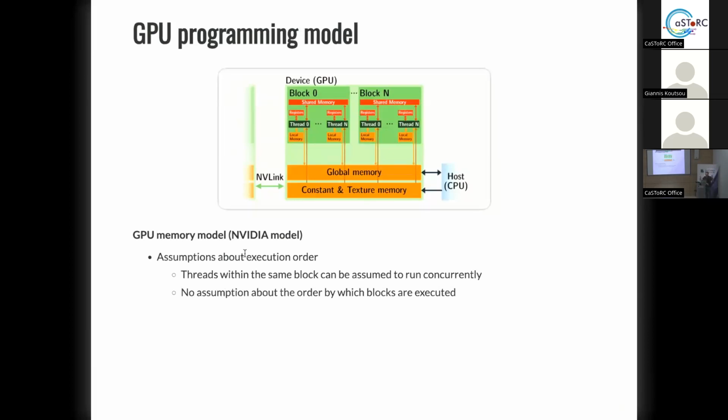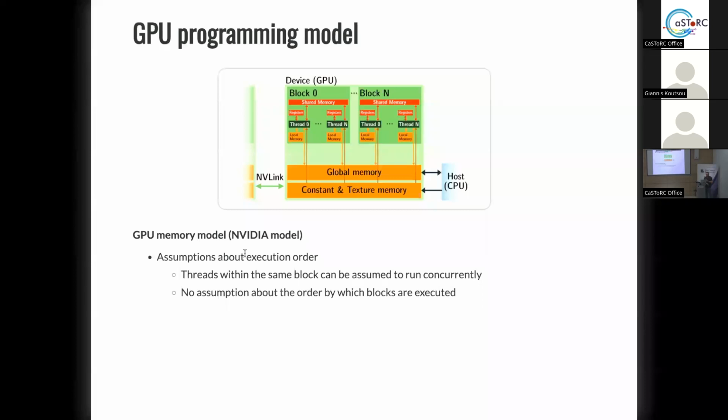They just run, and you have no control over this. The GPU could decide to run one block after the other, or it could decide to run them all in parallel. Those are the two extreme cases that, as far as you are concerned as a programmer, are equally likely to happen. But what you can control is what happens to the threads that run within a block.